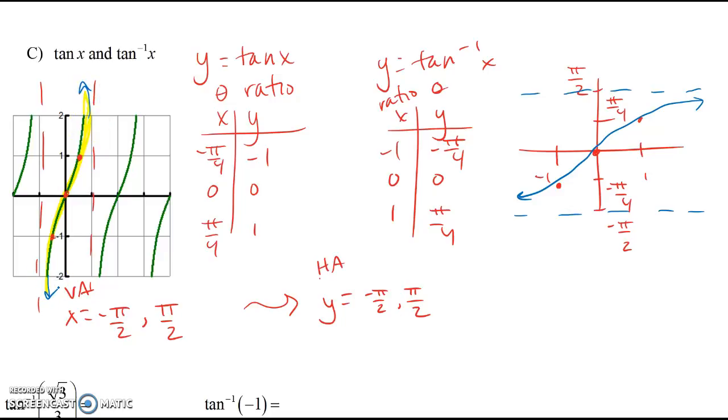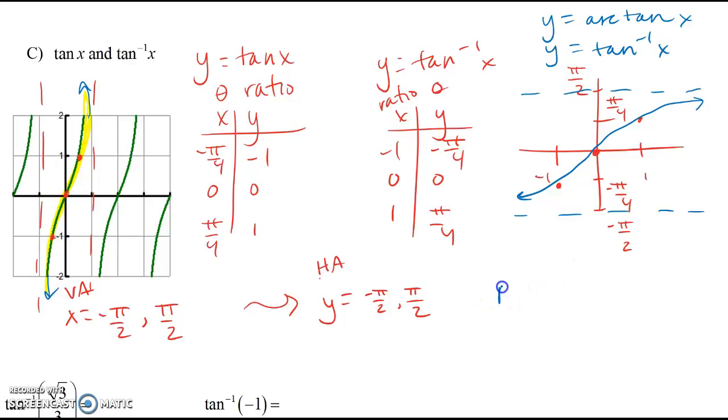So when we flip-flop that, since the y values on tangent used to go down forever and up forever, now when we flip-flop, the x values go left forever and right forever. And so that's why we will see arrows on our tangent inverse graph. And just like how we talked about with sine and cosine, we can call this graph the arctangent graph or the tan inverse graph.